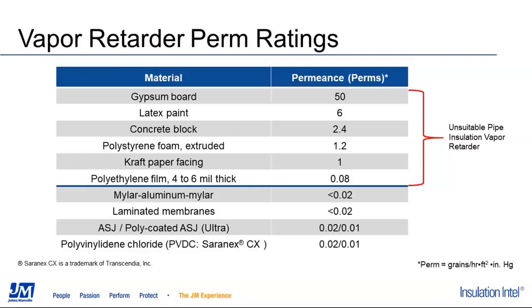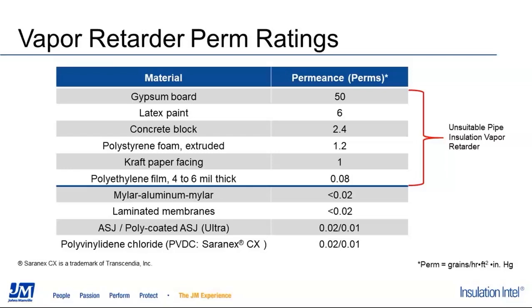Among materials which do have acceptable low permeance for this application, you can see at the bottom of the chart: mylar, aluminum mylar, some laminated membranes, ASJ, PASJ, and JM Saran CX PVDC vapor retarder films.